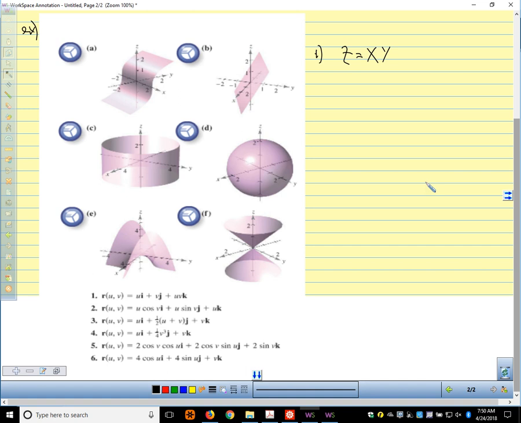So what kind of surface is that? Hyperbolic paraboloid.